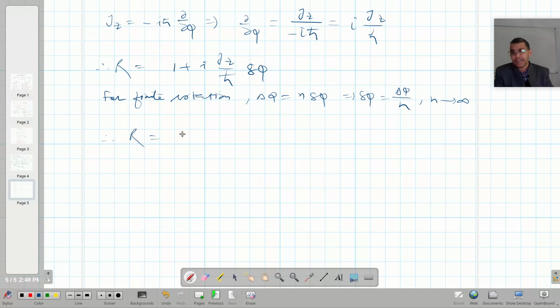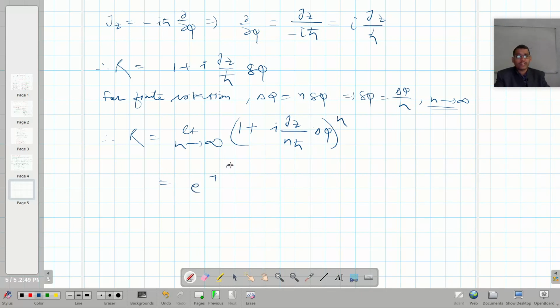Therefore R can be written, as n approaches infinity, as 1 plus iota Jz over n h cross, and here n steps have been taken in succession. So keeping this in mind, we have to take its power n, and this can be expressed as e raised to power iota Jz over h cross times delta phi.